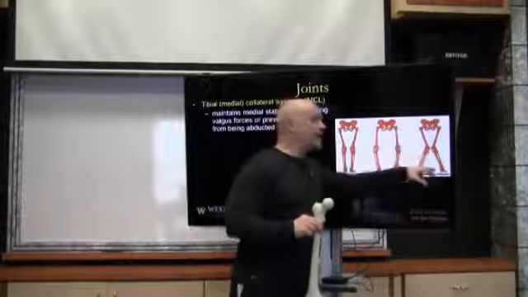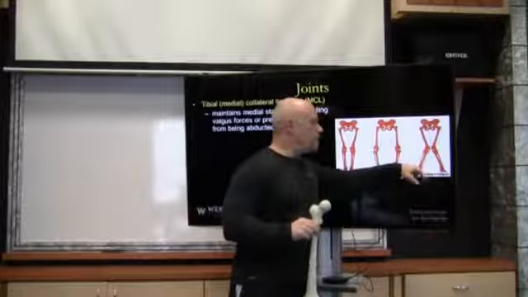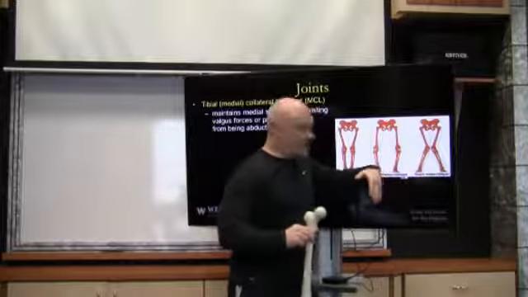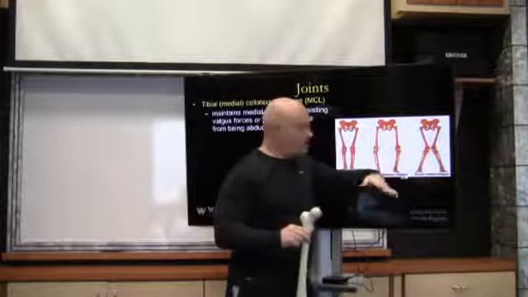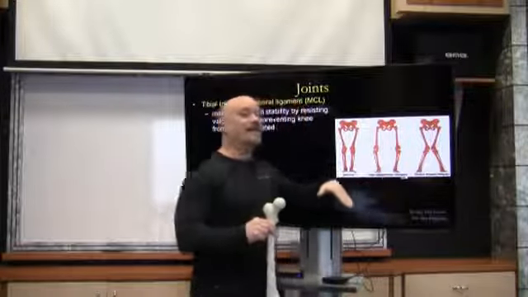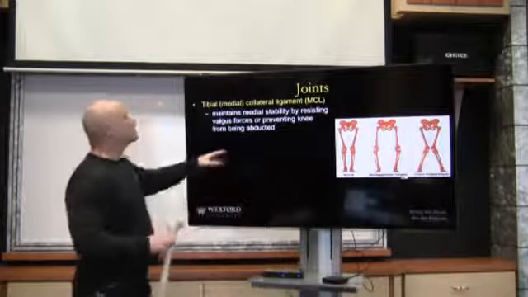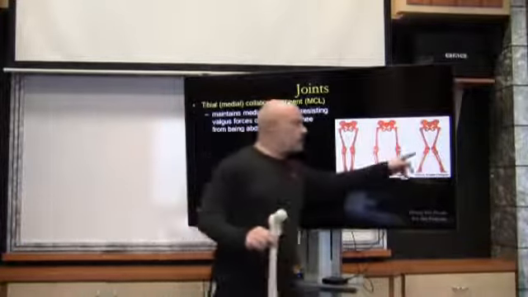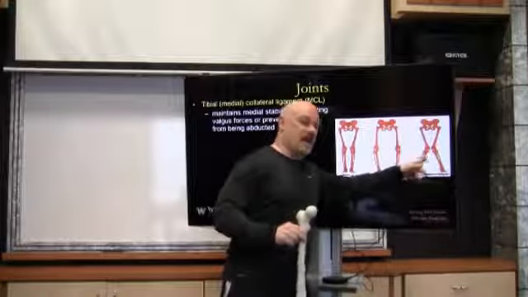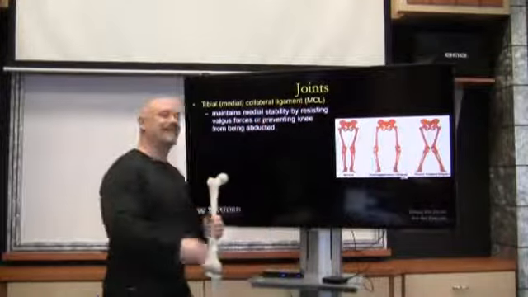But when we talk about valgus, the lower leg and the distal point is moving outward. So that's abduction. Now, if we look at where that stress is, it's on the medial side of the knee. That's the MCL.